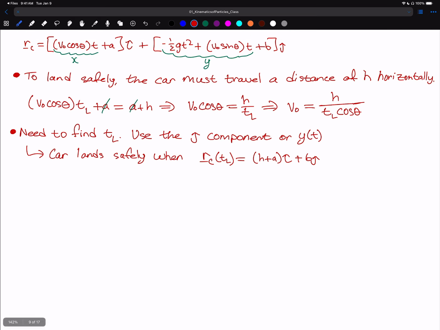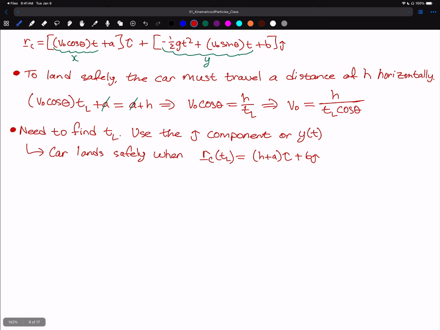We're now going to use the whole j component, I should say. We're not going to be using y of t because we need that extra b in there.